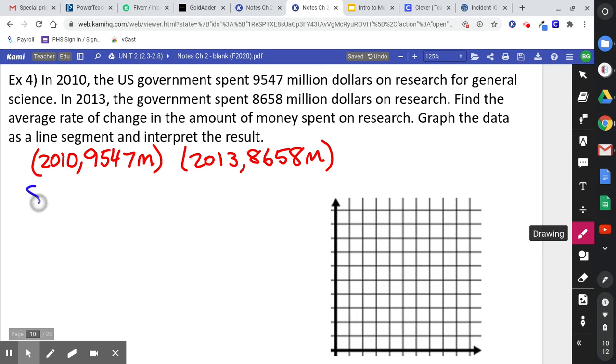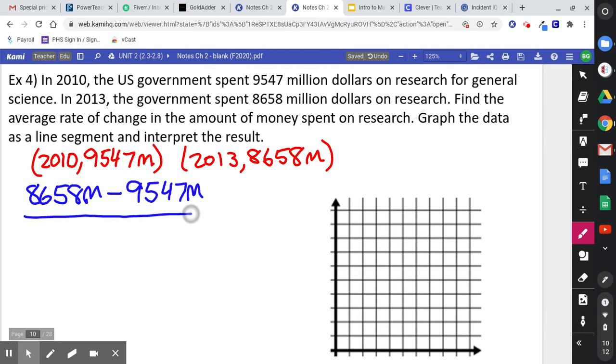So y2 minus y1 over x2 minus x1, and here I'd probably use a calculator. I don't want to do that in my head.